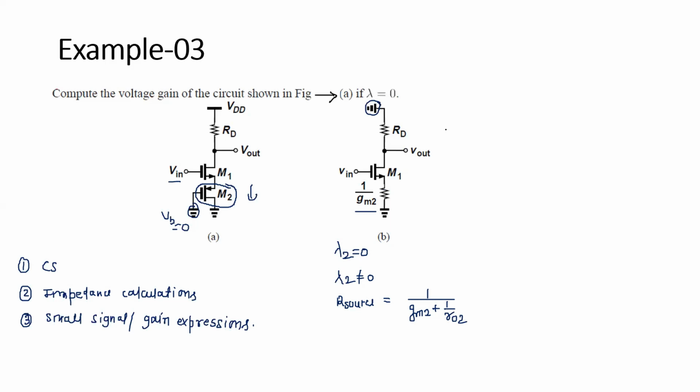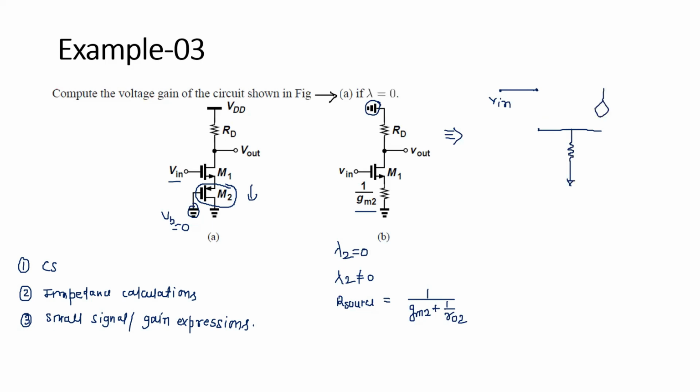Now this picture is completely visible. Now if you draw the small signal, I can also calculate it without drawing the small signal, but for the starting, the small signal is important. So this is your Vin and the output is taken from the drain.